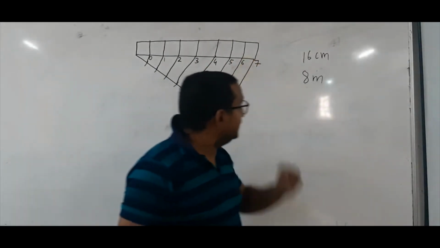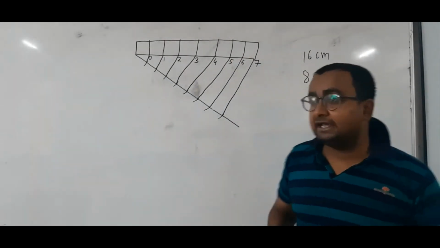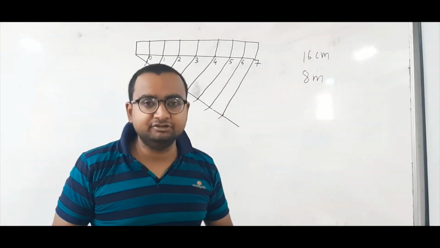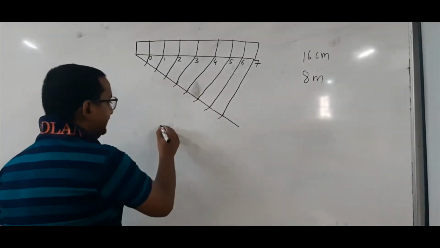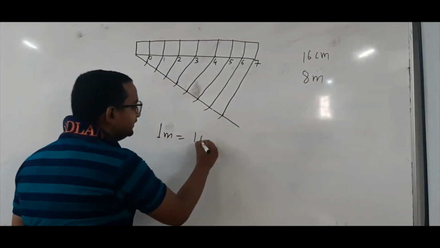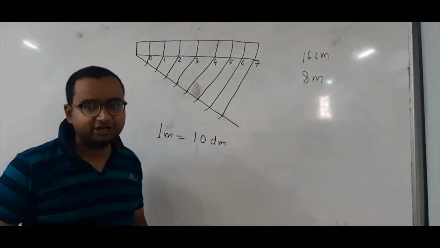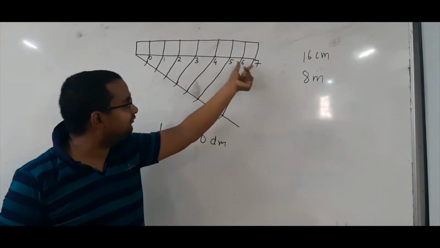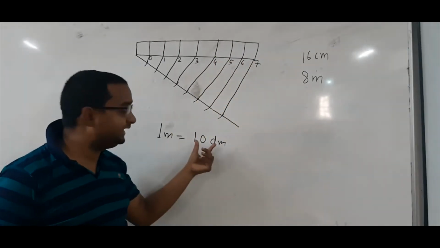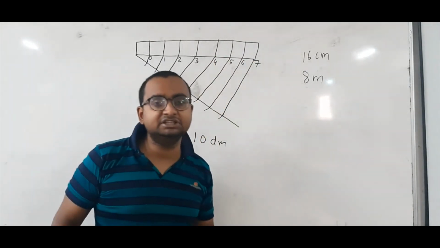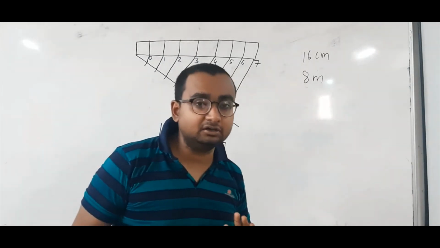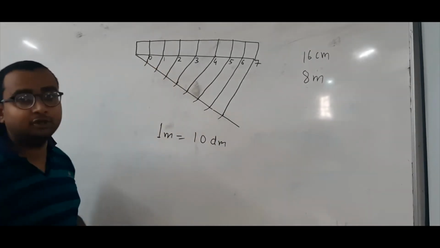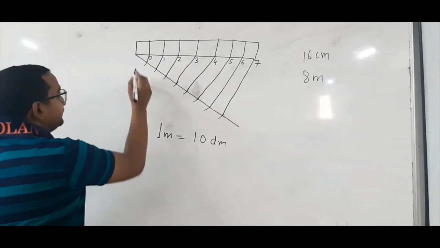Now in the problem it was given that this scale should be capable of reading in decimeter as well. We know that in 1 meter there are 10 decimeters. So we have to divide the smallest division, that of 1 meter, into 10 equal parts, so that each division represents 1 decimeter.